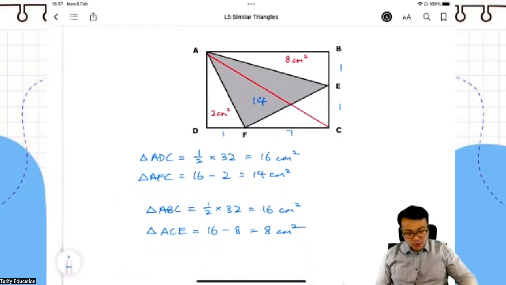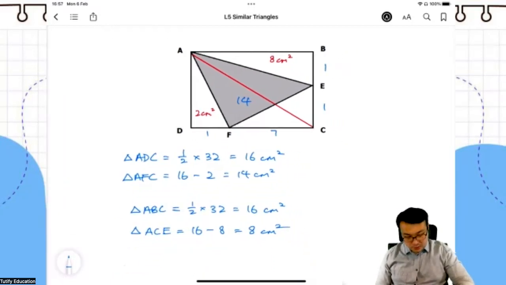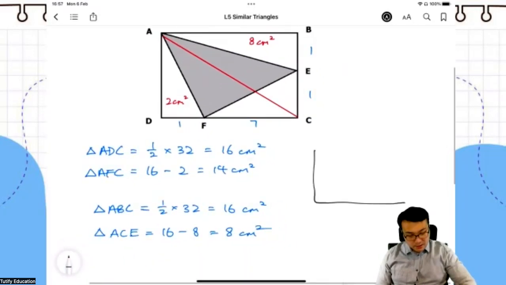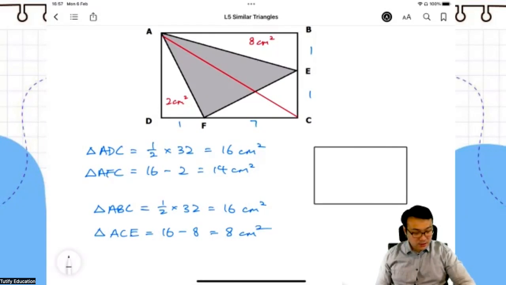Very good. So now that I've found out all these ratios, let us draw a rectangle. I know that the entire area of this rectangle is 32, yes? I know that DF is 1, FC is 7.